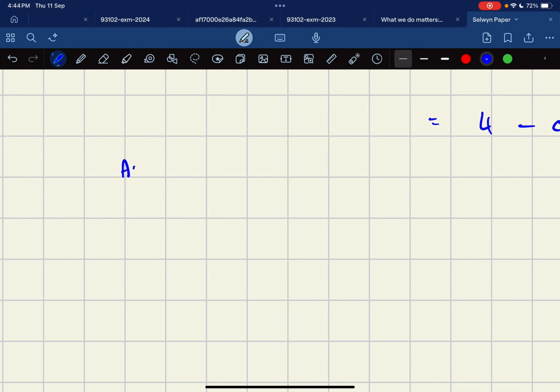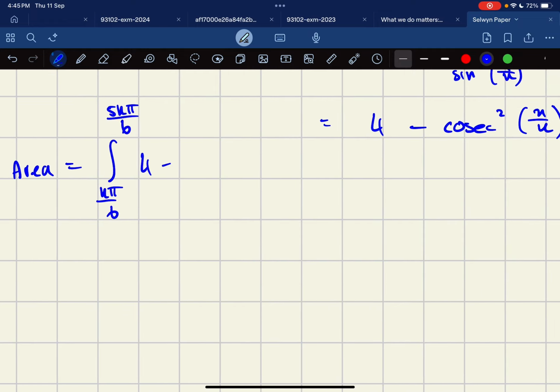So the area is equal to the integral from the first root, which is k pi over 6, to the second root of 5k pi over 6, of 4 minus cosecant squared of x over k dx.